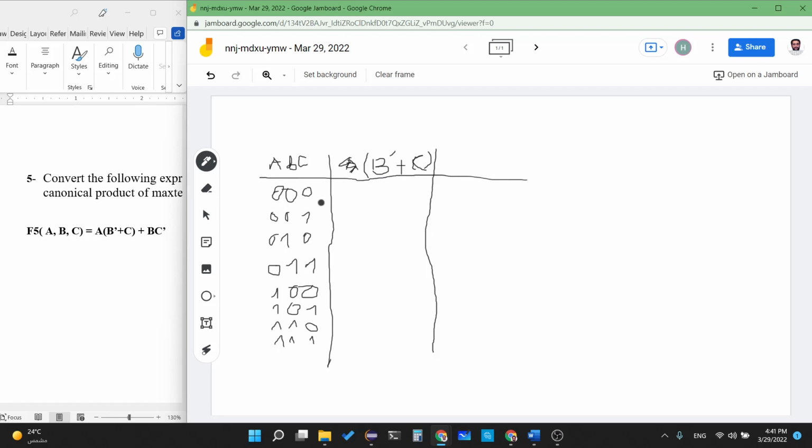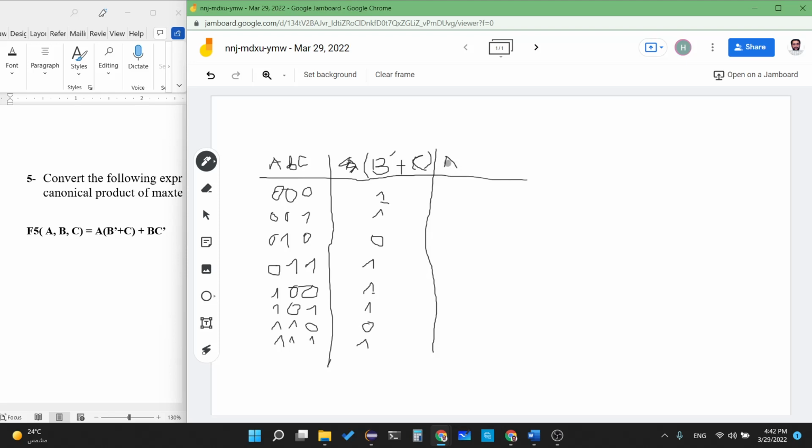B bar or C: if C is 1 it's 1, so here it's 1, here it's 1, here it's 1, and here it's 1. When B is 0 it's 1, so here it's 0, here it's 1, here it's 0, and here it's 1. Is it okay how we fill this column? Is it clear? Yes.